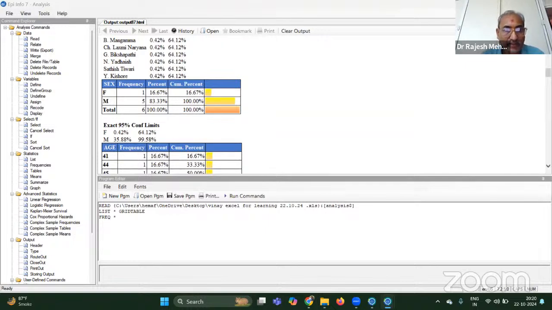See, if there is one female in a sample of 6, then if the population is, let's say, 200, what is the likelihood?